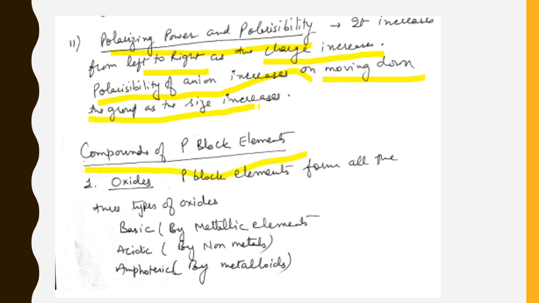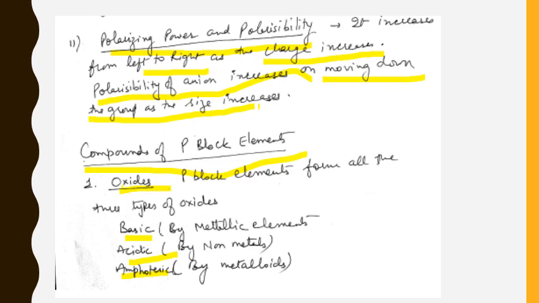Now we move towards the compounds of p block elements. Which kind of compounds generally exist? First we talk about the oxides. The p block elements form all types of oxides, and we have discussed that most are acidic, some are amphoteric, and a few are basic from the metallic elements.